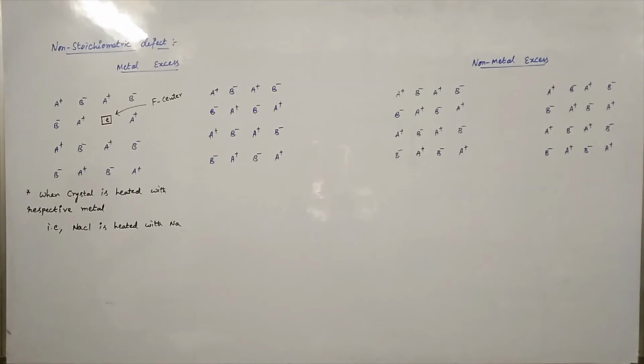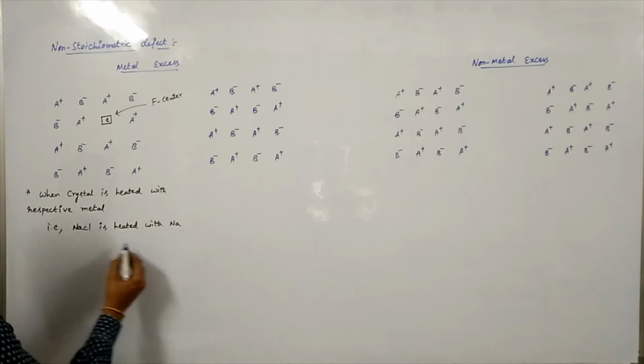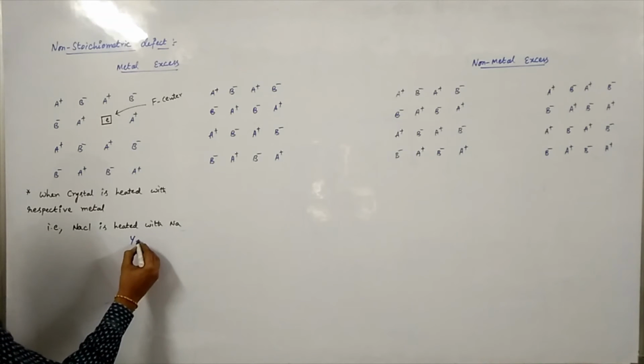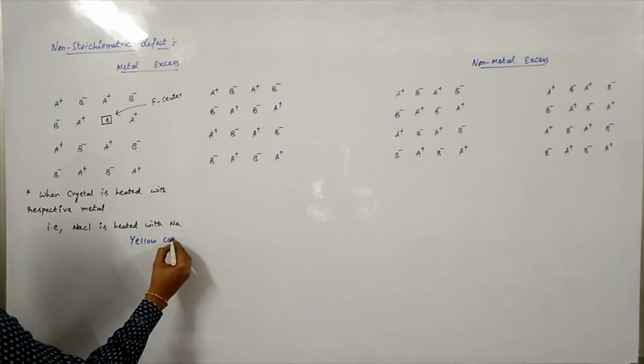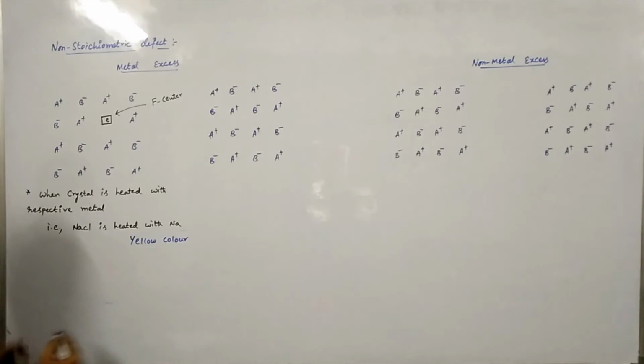So we have to take a piece of sodium on the surface of the crystal and we have to heat it. Then what you get? Then you will get color now. So you will get yellow color.